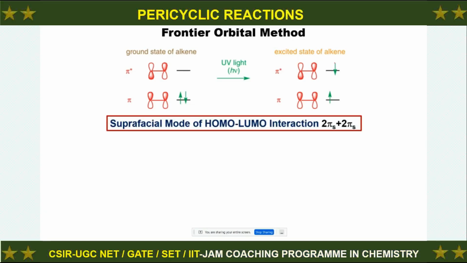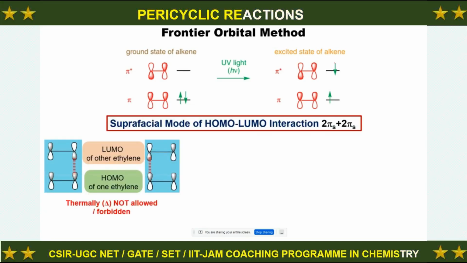Suprafacial mode first. The bottom one is the HOMO of ethylene under thermal conditions. So we take the HOMO of one ethylene, then the LUMO of another ethylene, both in the thermal state.